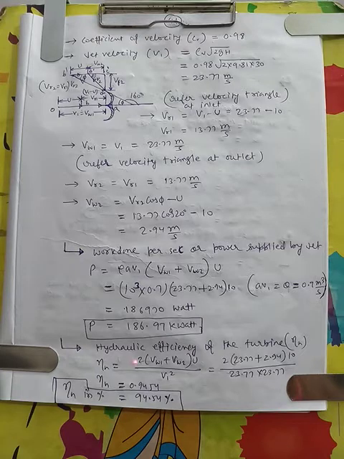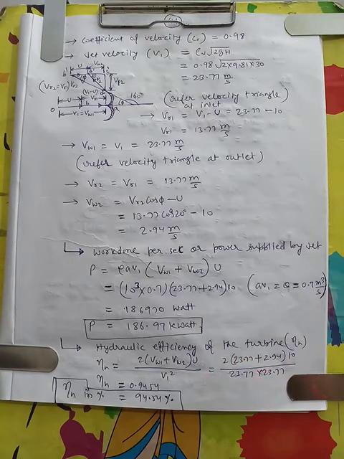Now hydraulic efficiency is given by, as we already derived the formula, 2 into VW1 plus VW2 into U by V1 square, where all the terms are known to us. So 2 into VW1, which is 23.77, plus VW2, which is 2.94, into 10.